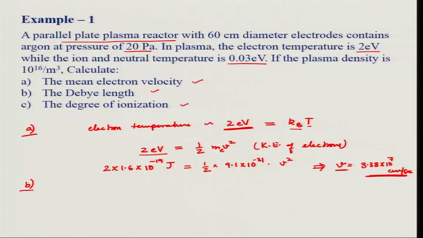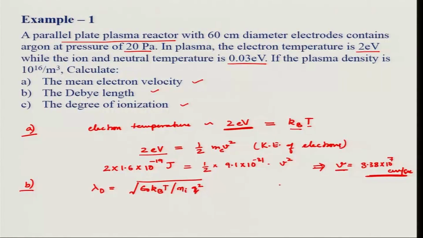Now, for Debye length, we had discussed an expression: the Debye length is the square root of epsilon 0 kBT divided by Ni q square.